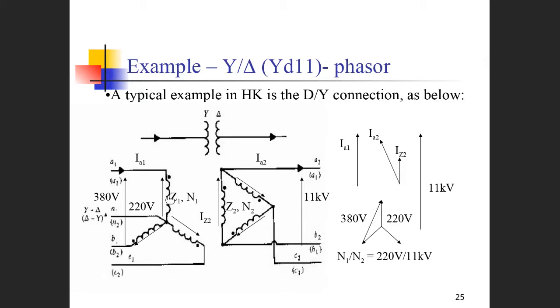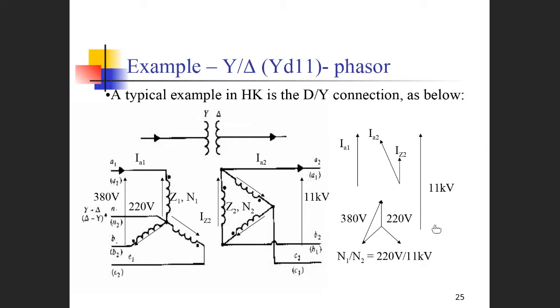Now the star connection, the low voltage side: the turn number per phase is N1, the impedance per phase is Z1, and the per-phase voltage is 220 volts, while the line voltage is 380 volts. The relationships between the primary phase and secondary phase, and between primary line and secondary line, are a little bit different.